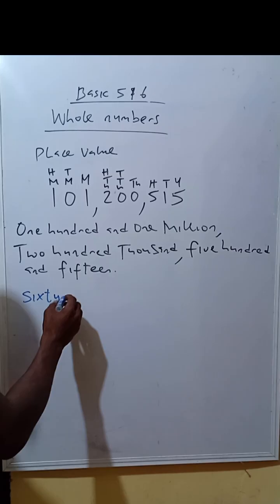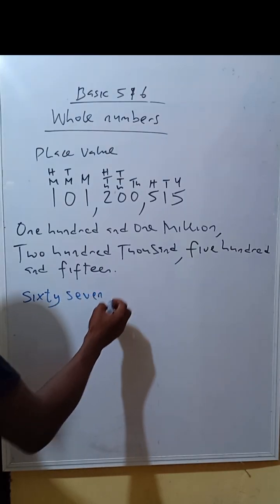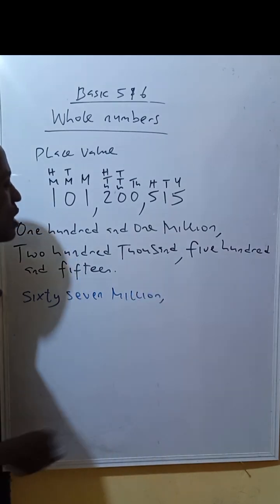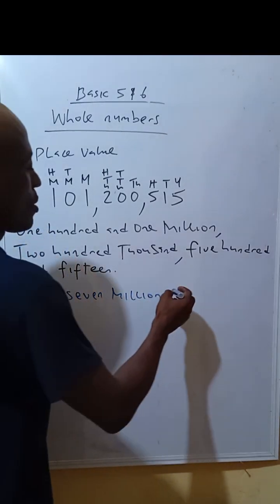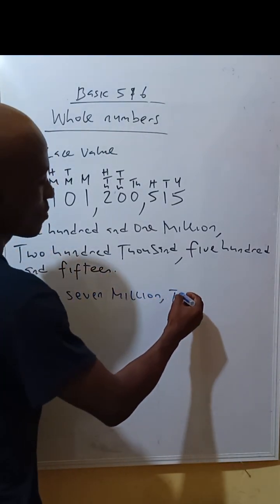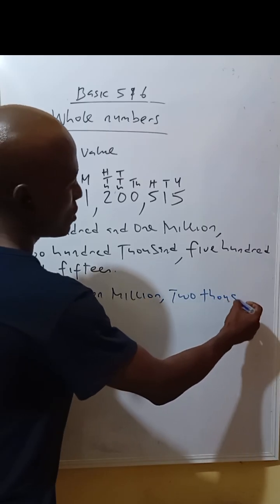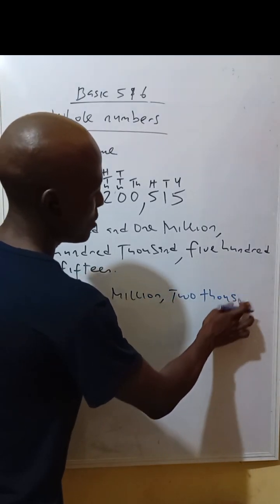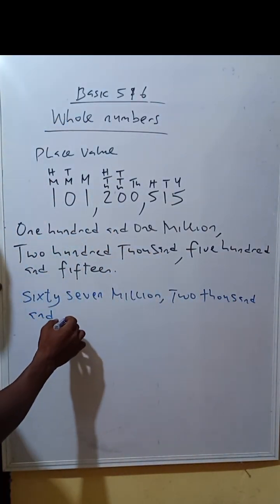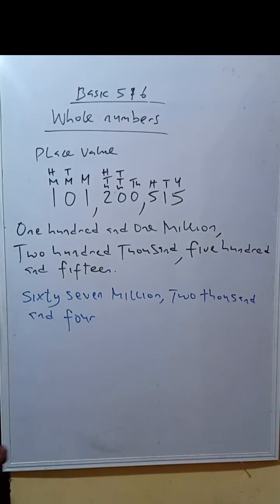67 million, 2,000 and 2004. Now this looks short, yeah, but it can be a little bit technical. 67 million 2004.